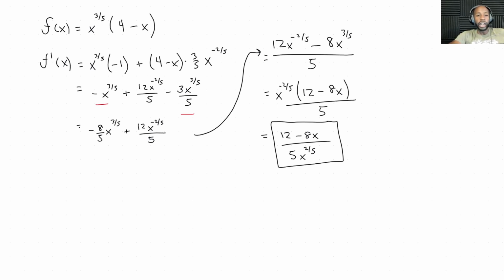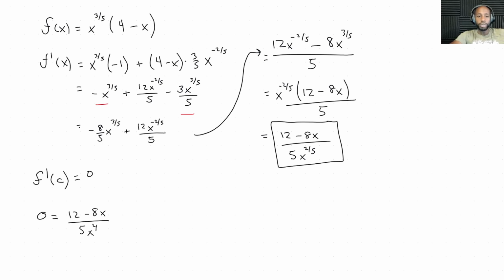All right. So to find the critical number, remember a critical number is where the derivative at point c is equal to zero. So what we want to do is set the derivative equal to zero, and that's going to help us find where the critical numbers are. So 0 is going to be equal to 12 minus 8x over 5x to the 2/5 power.